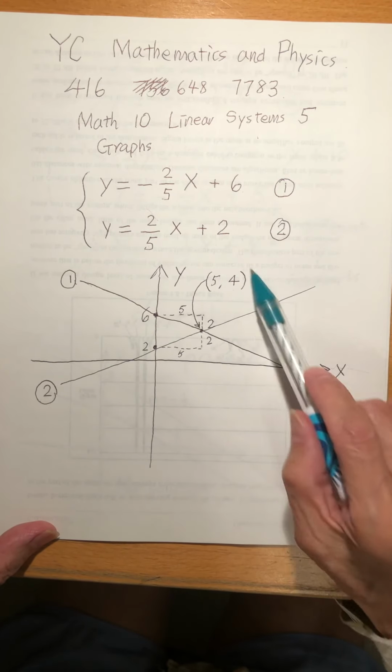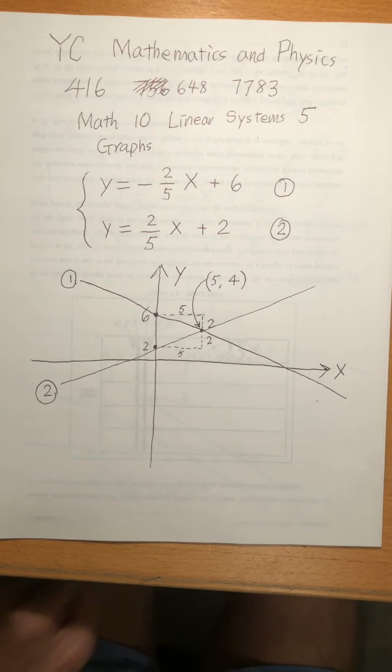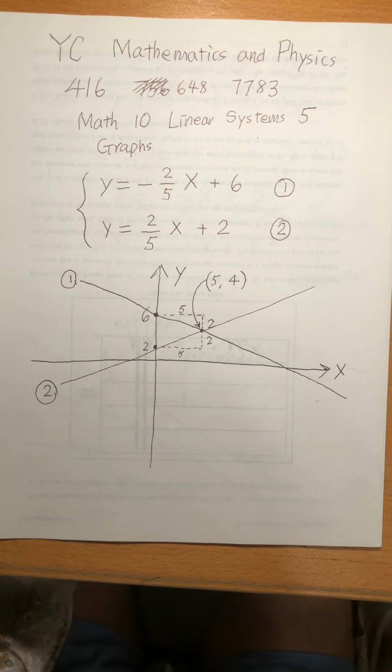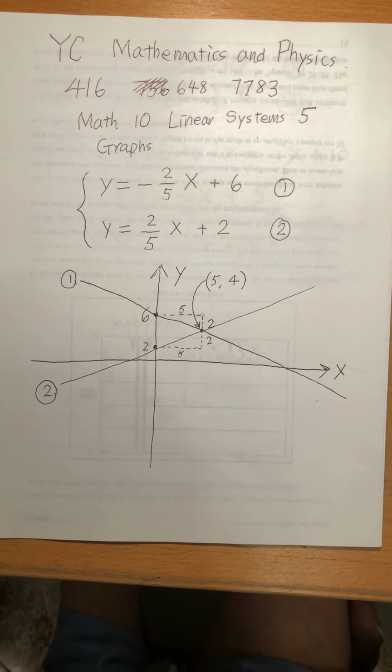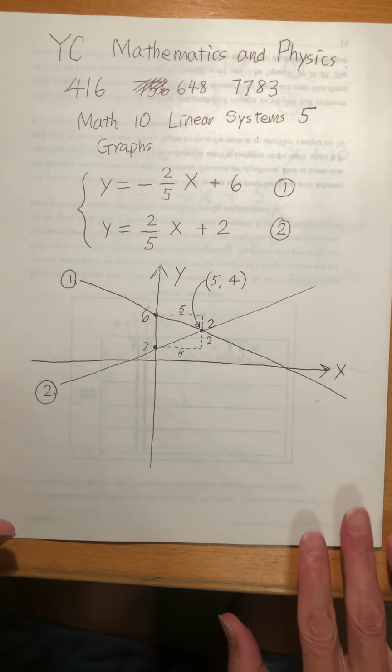So this is a point of intersection. That's the meaning of the graph. So to find the solution of a linear system graphically means you draw the two lines and find the point of intersection. The coordinates of the point of intersection is just the solution of the linear system.